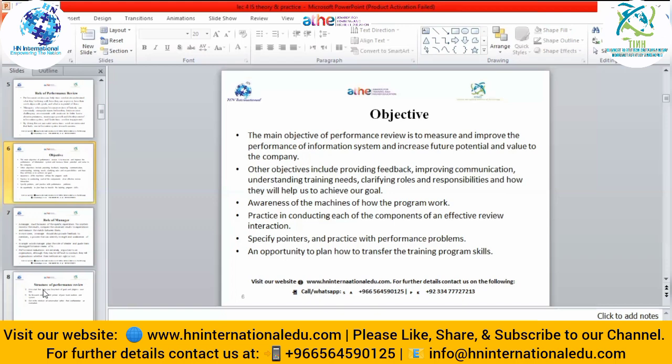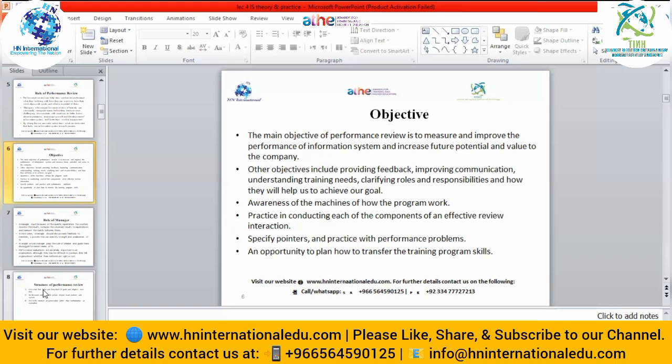If the team is facing any problem, we have to arrange training sessions for our teams, and we have to assign responsibilities to each member according to their skills. We have to clarify their responsibility towards the organization, and how, by working as a team, we can achieve our goal.